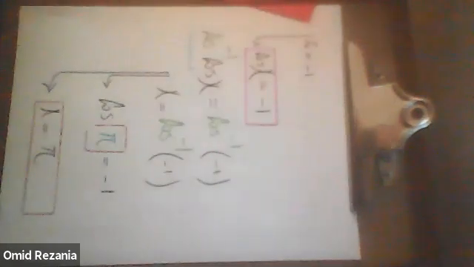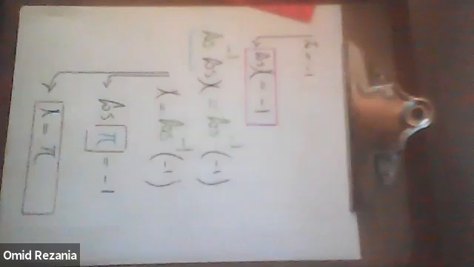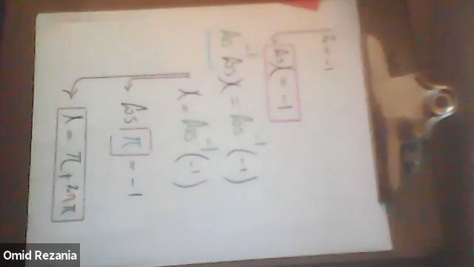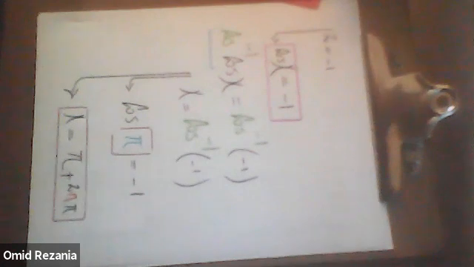We said that if pi is the principal answer, we can include every answer by adding a term to that: plus 2 n pi, which means that at any pi that you are, you take another full circle on the unit circle to get back to the same spot, and you always get the cosine of that argument as -1.